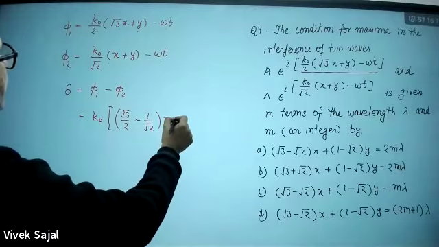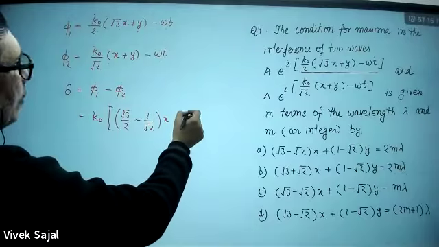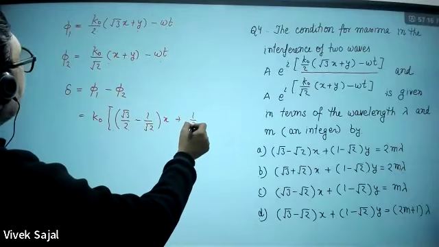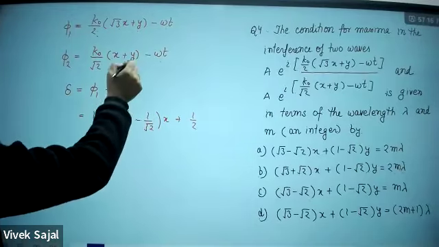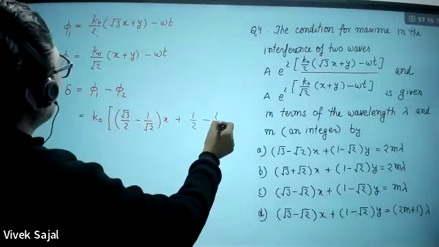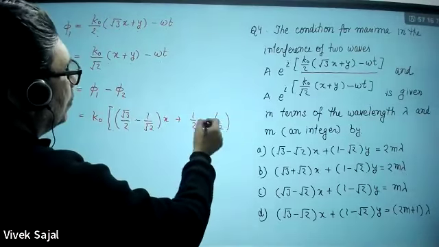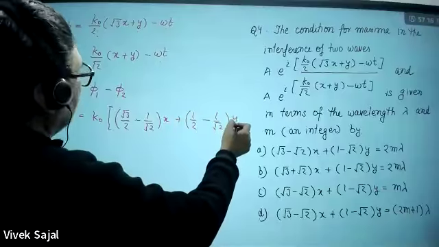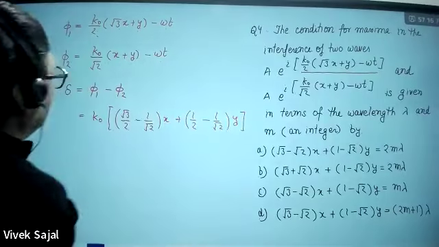Second, this will be plus 1 by 2, 1 by 2 y is here. This will be minus 1 by root 2 into y.